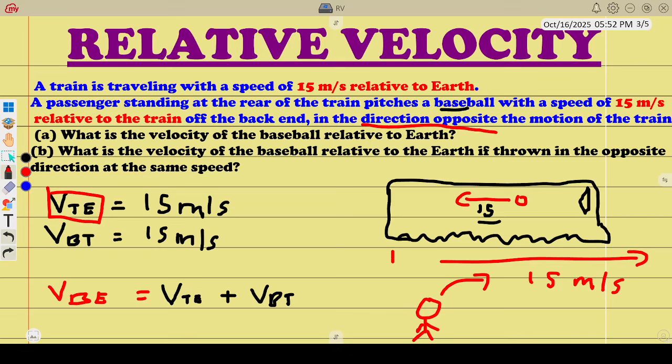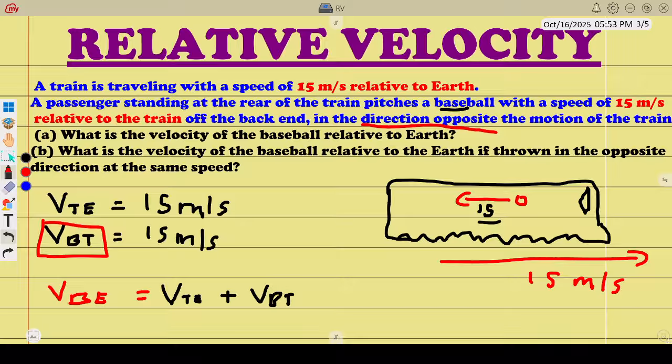Okay. And then this other velocity here, velocity of BT, means the velocity of the ball comparing it to the train. So this is the ball comparing it to the train.